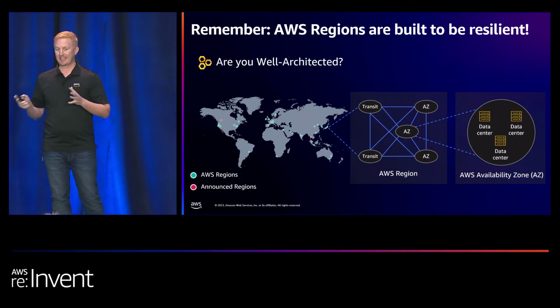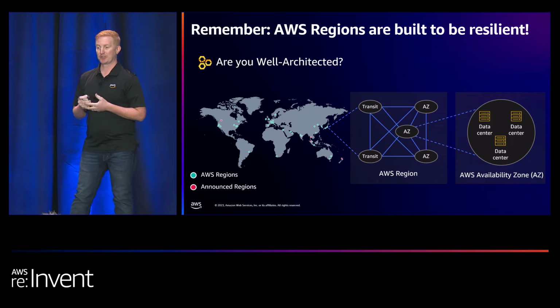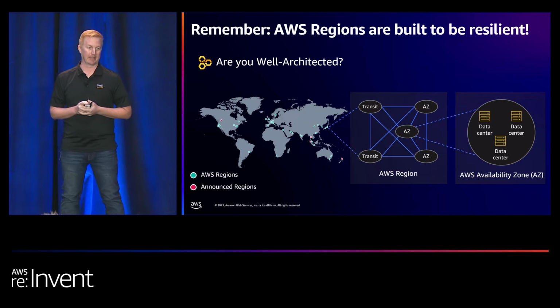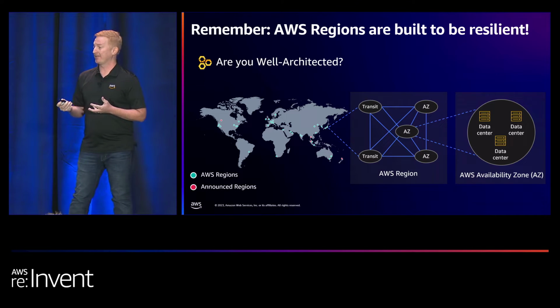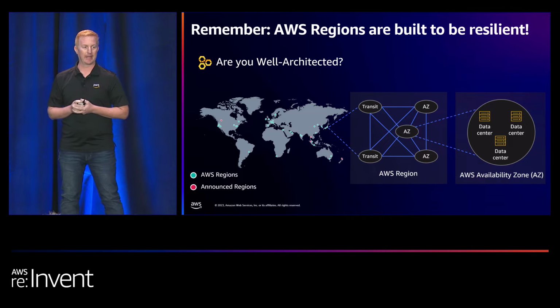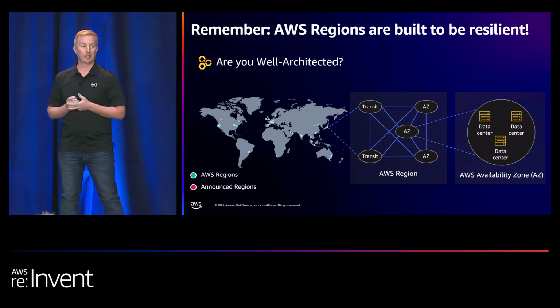Now, if you're still in the decision phase of whether or not you need to deploy a multi-region application or workload, it's important to remember how AWS regions are built. AWS regions are built to be resilient by design. Customers benefit from three or more availability zones in every single public AWS region, and these availability zones consist of one or more discrete data centers.